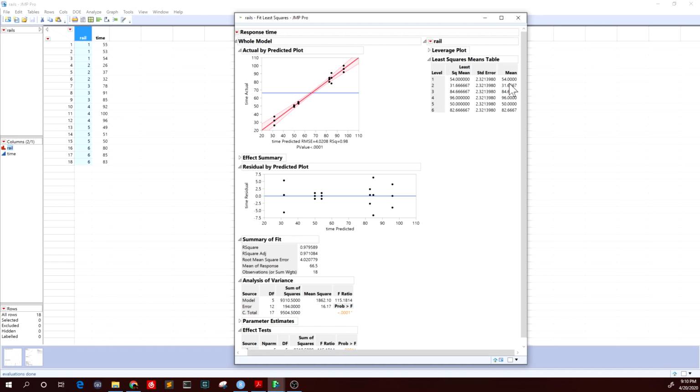So if you just want to do the confidence interval for a single mean, for example, in the first example we showed in the lecture video, if you only want to construct a confidence interval for mu1, then you can use 54 plus or minus the t quantile times the standard error. So this is actually, in the railroad example, just sP divided by the square root of 3. Okay.